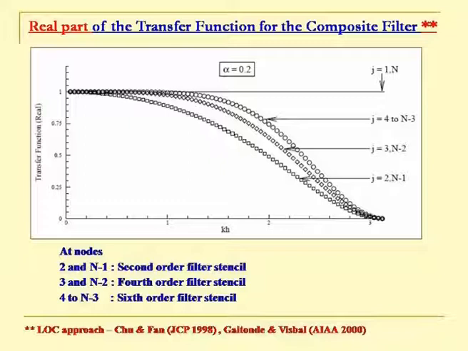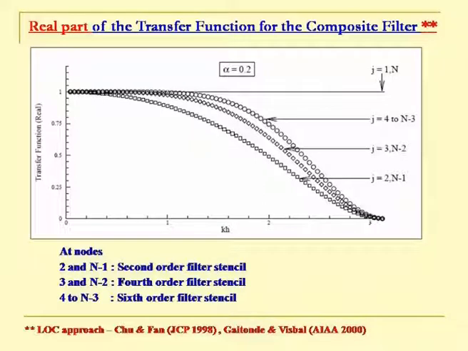So, I am not going to go much deeper into it, just to tell you this is the LOC approach, the least ordered centered filter operation that one can do. This is the way that we have plotted this figure: at j equal to 2 and n plus 1 we have used a second order filter, at j equal to 3 and n minus 2 we use a fourth order filter, and at the rest of the points we have uniformly used a sixth order filter, and the corresponding centered filter behaves like this.